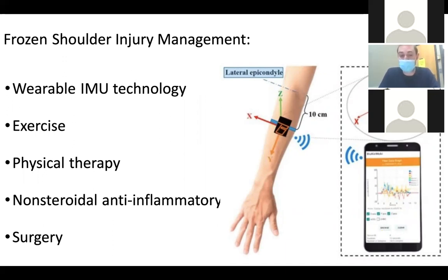Basically, IMUs work by using sensors to measure body segment position and orientation by integrating acceleration and angular velocity signals, and they can be synced with a smartphone through an app. The benefit of these IMUs is that they don't have the limitations of traditional manual measurement tools, and they give detailed and valid measurements of different movements.